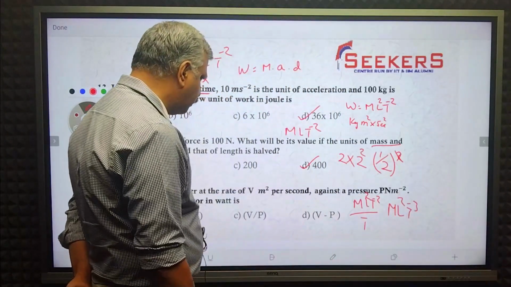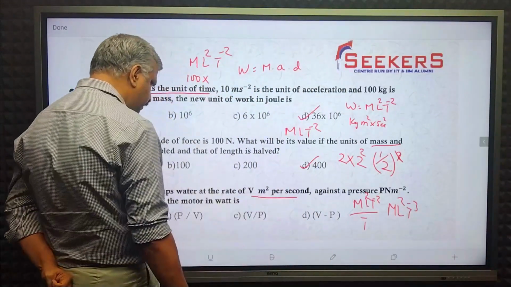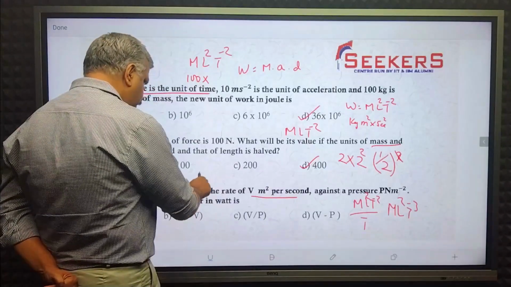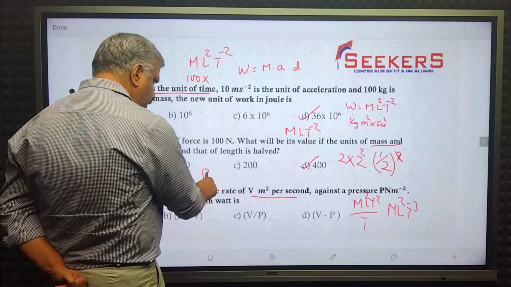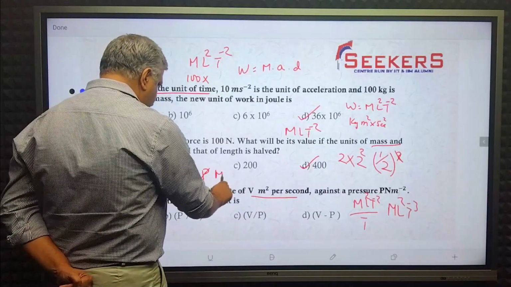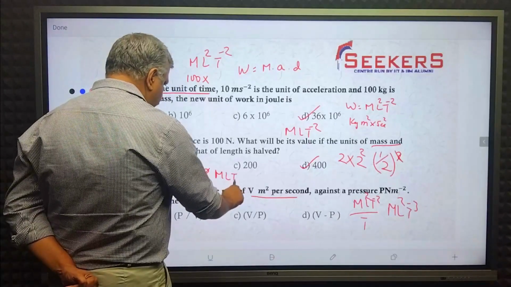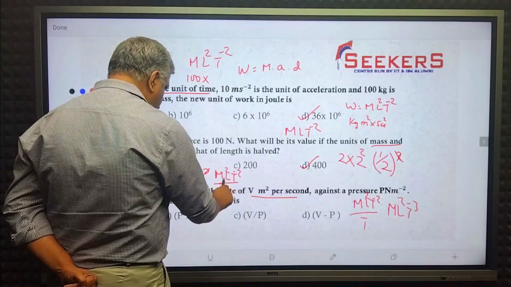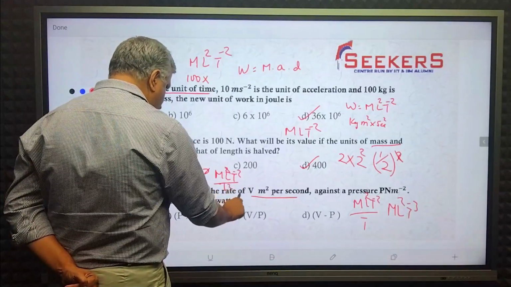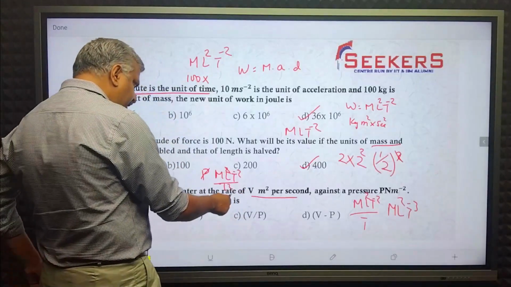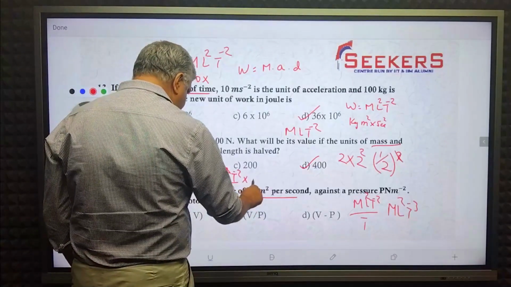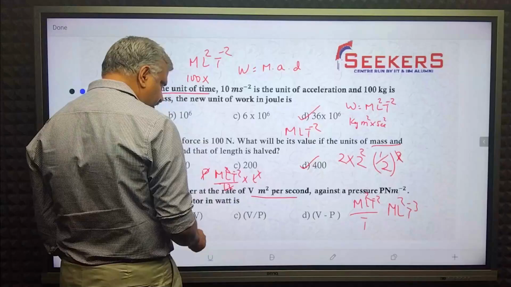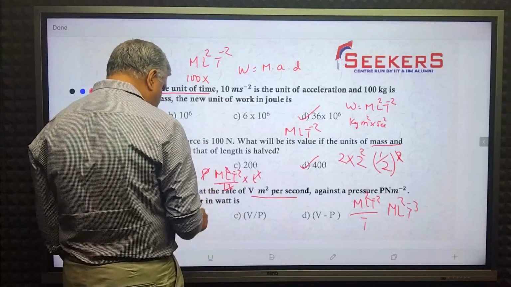So if I look at it, V meters per second and pressure. Okay, so pressure is force by L squared, M L T power minus 2 by L squared. Then again, water pumps at the rate of V, so it is into L squared. If I take it, L squared gets cancelled. So I don't get power.